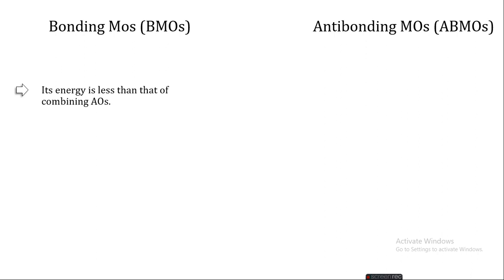Bonding molecular orbital has less energy than that of the combining atomic orbitals, meaning bonding molecular orbitals have less energy as compared to their combining atomic orbitals. And antibonding molecular orbital has more energy than that of combining atomic orbitals, that is, their energy is high as compared to combining atomic orbitals.